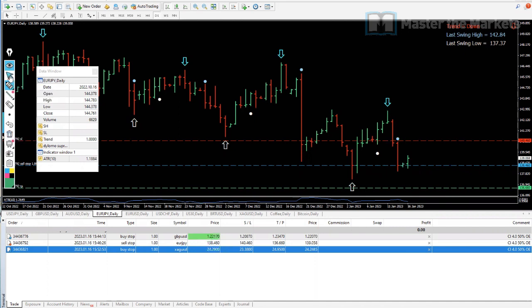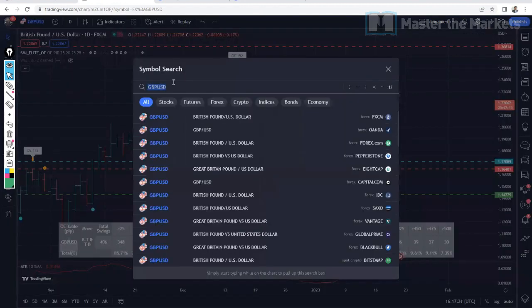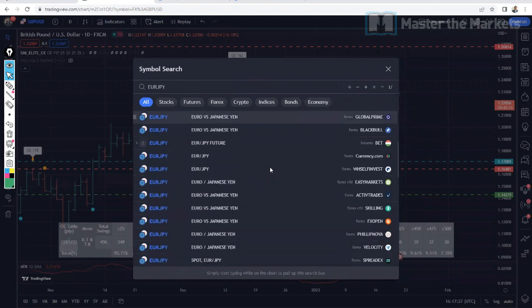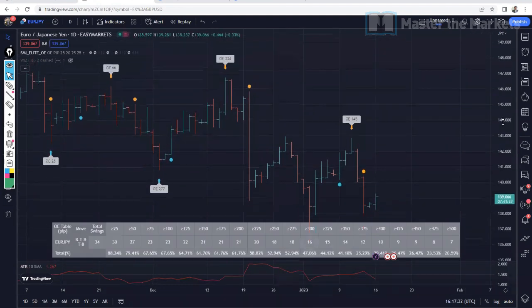Okay, so now let me bring up this TradingView platform over here. Let me change this to Euro Yen for you guys, and we can take a look at it together and see how that trade is looking in terms of its open equity points.